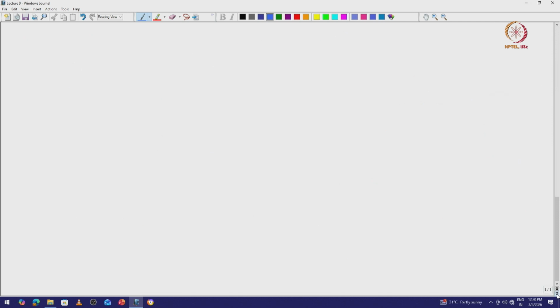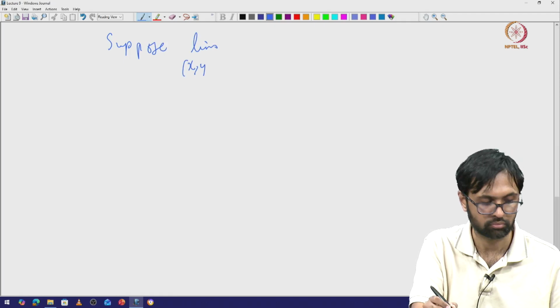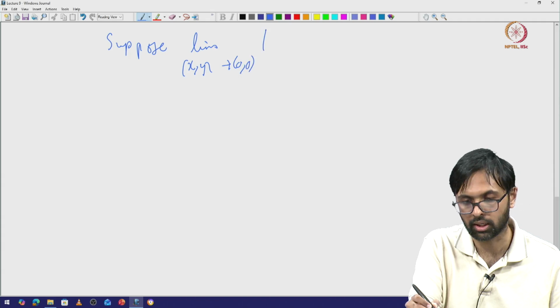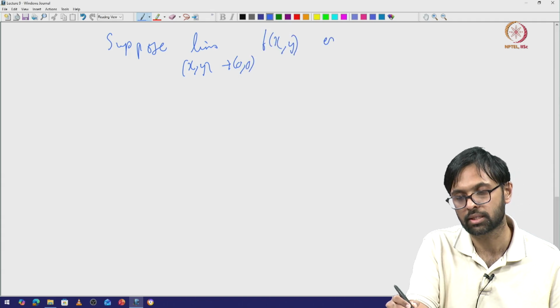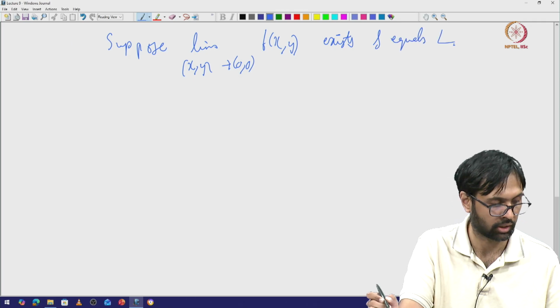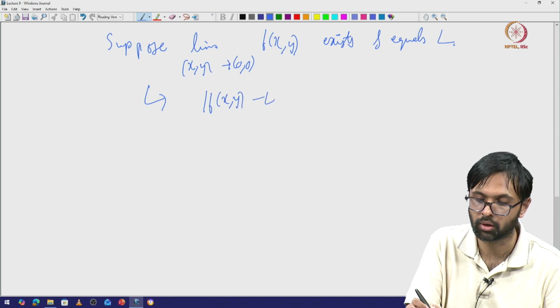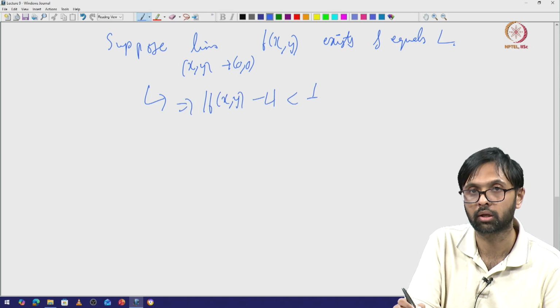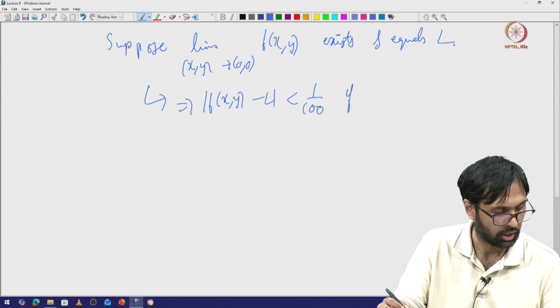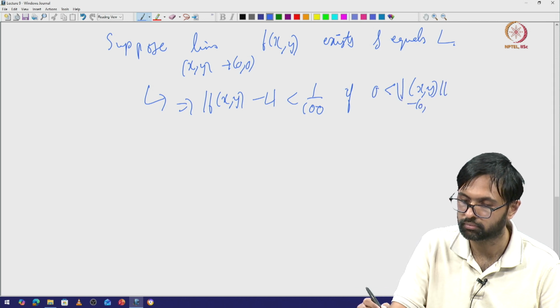Well, one uses contradiction. Suppose this limit does exist and equals L, some number L. What this would mean is f of x can be made very close to L, in particular within 1/100, if x is very close to 0.